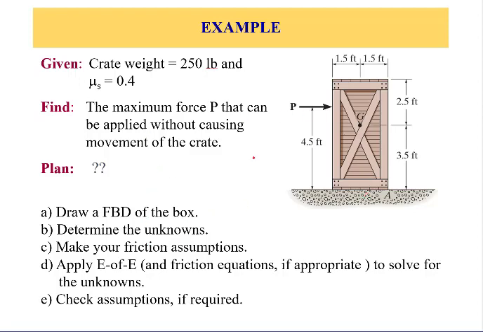Now this example asks us to find the maximum force P that can be applied without causing this object to move, and the movement is classified into two. Either it's going to tip about A, or it's going to slide along the surface.